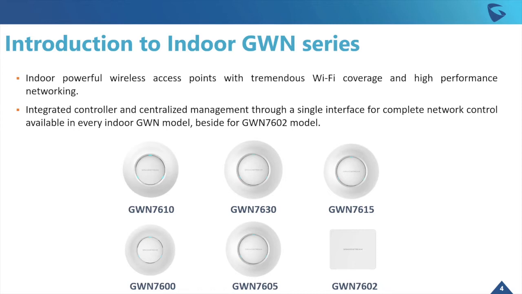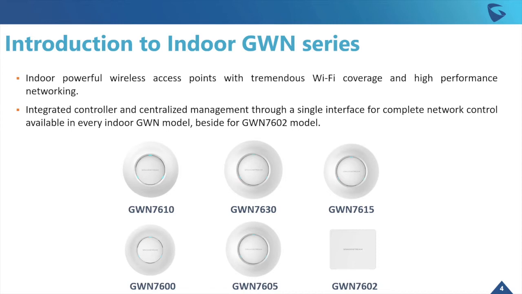The integrated controller is free and built into the access point, so there are no licensing fees associated with that service. GWN 7602 is the only model that does not include an integrated controller, but can still be controlled and managed by other models.